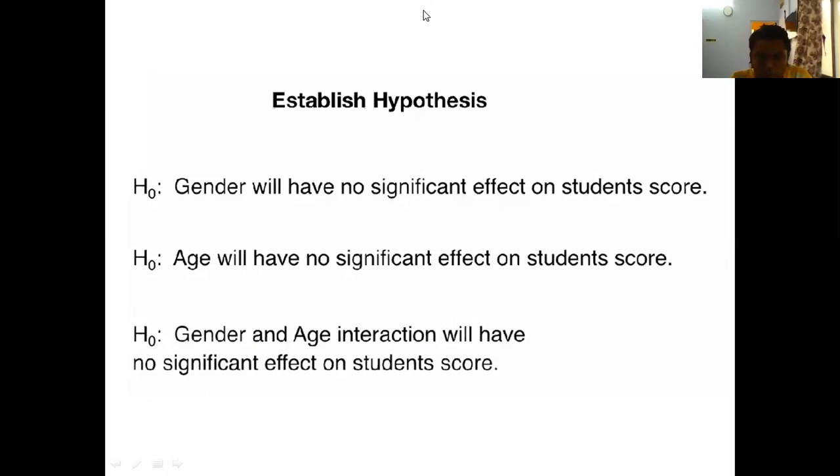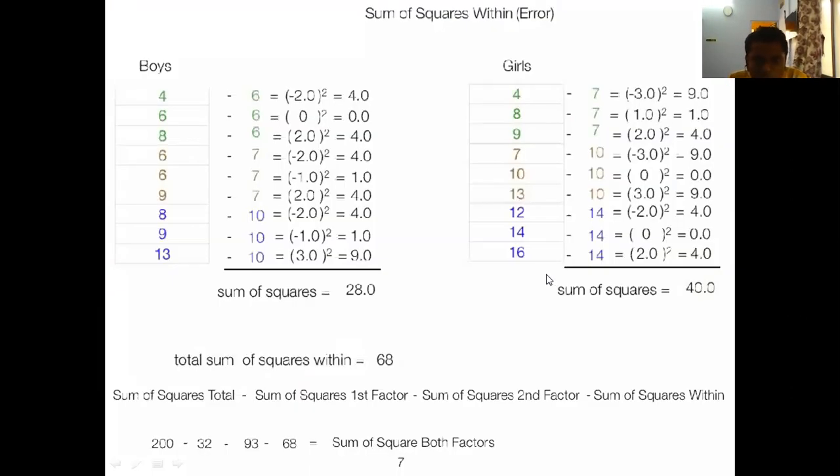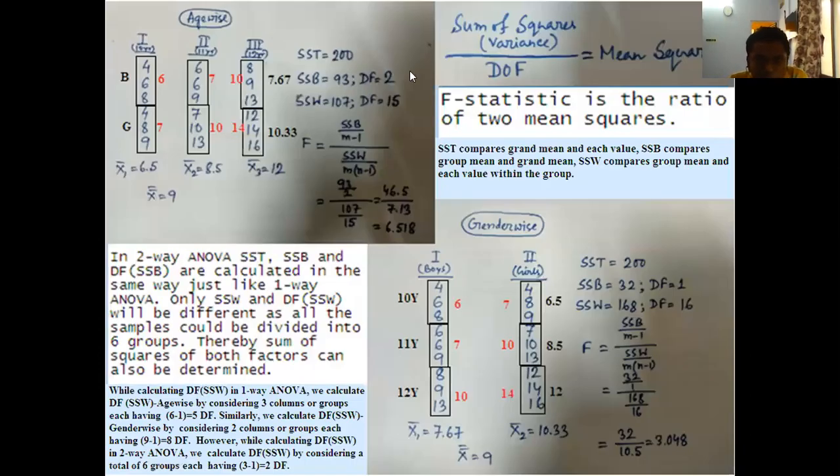Now take a look at this. First, let us consider that we are not considering two-way ANOVA. We are considering just one-way ANOVA, with no gender, only the age.